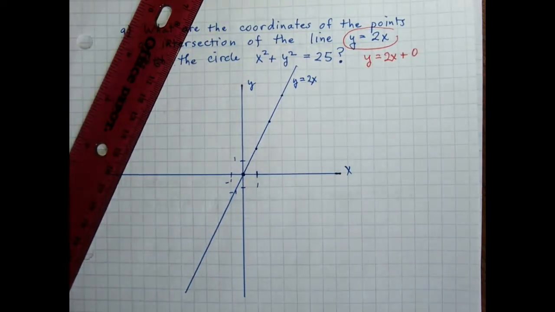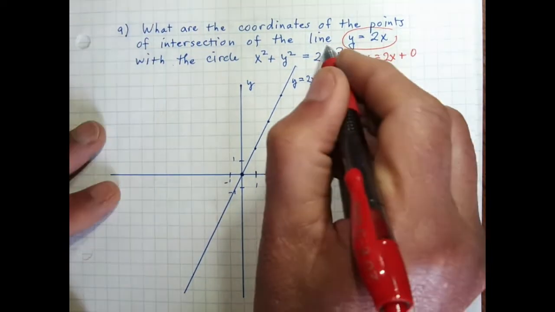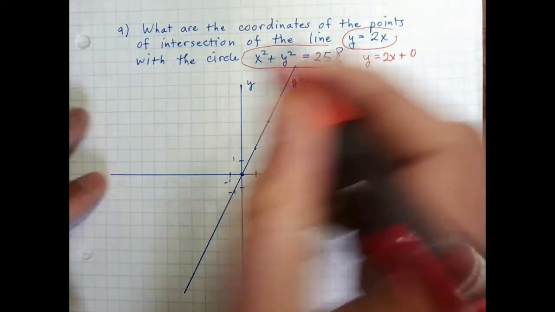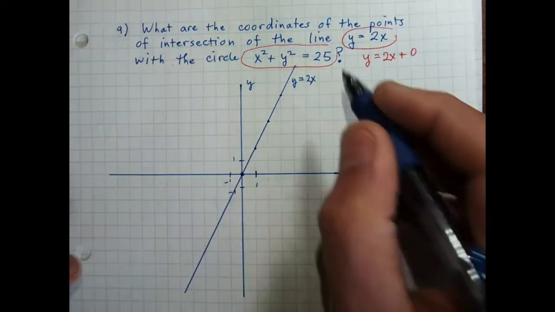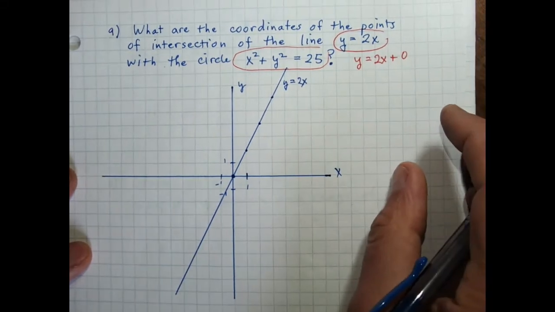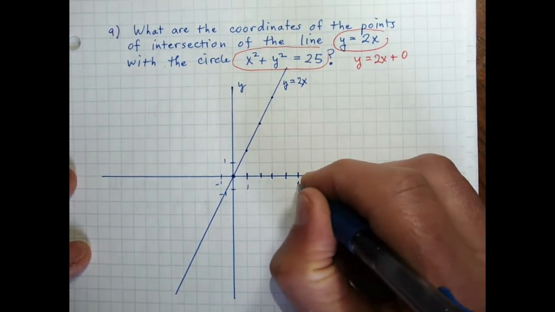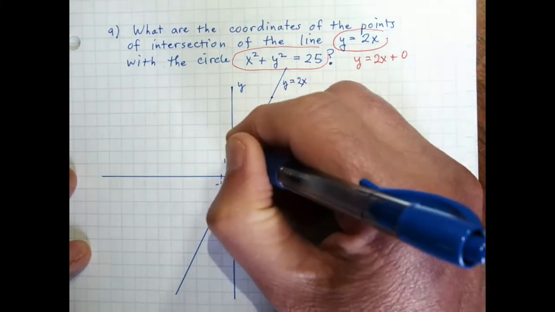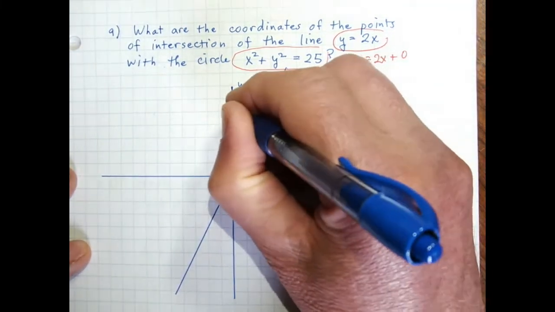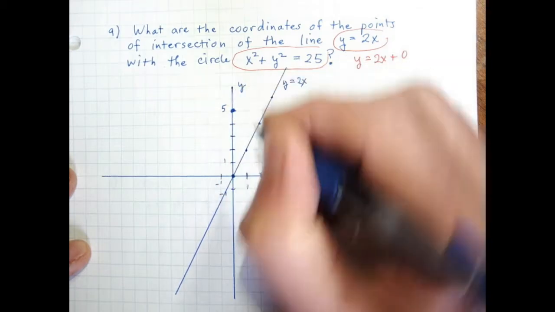That's a straight line. All right, now the other equation we know, x squared plus y squared equals 25, is a circle centered at the origin of radius 5. So it's going to go through this point, right?